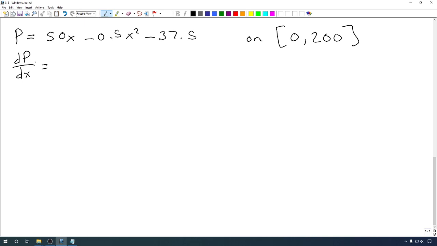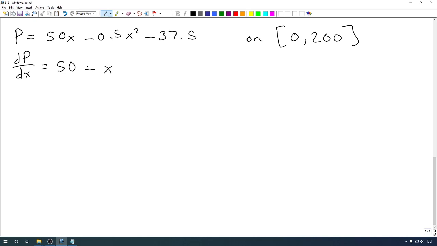So I'm just going to keep it in that particular fashion. But all we're doing is taking the derivative like we were doing before. Derivative of 50x is going to just be 50. Derivative of 0.5 times x squared, well, the x squared becomes a 2x. 0.5 times 2 is actually just 1. So we get a minus x. Of course, the negative 37.5 goes away.